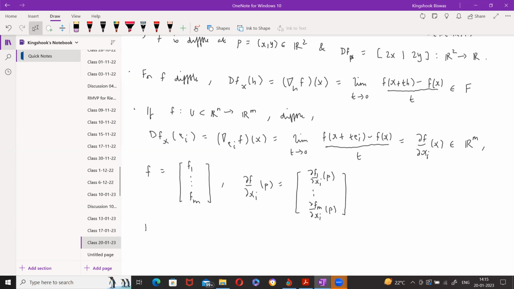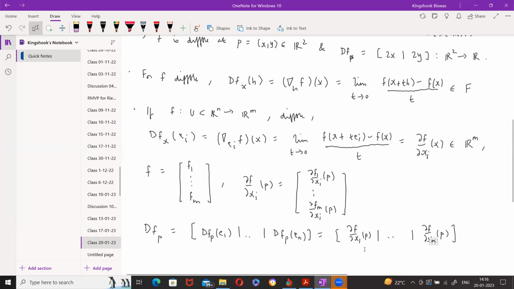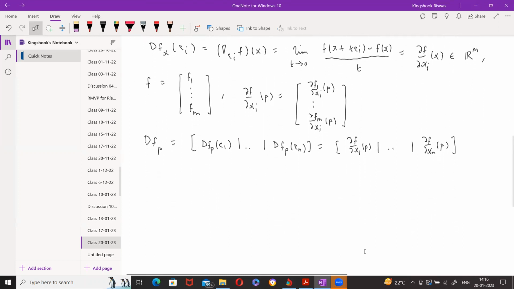So what will the matrix of DF be? The matrix of DF_P will be the matrix whose columns are the images of the basis vectors e1 to en under the linear map DF_P.